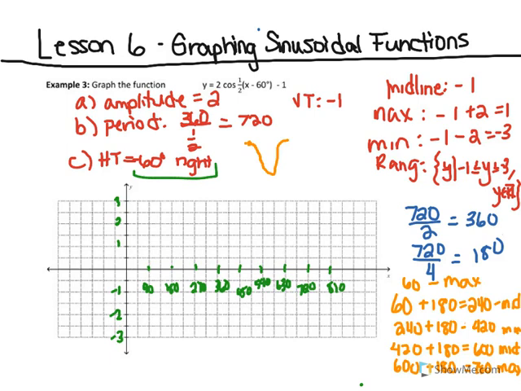So I'm going to plot this here at 60 degrees. Then our midline, which we can graph in at -1. I'll do it in green actually. We're going to touch the midline at 240 degrees. So 240 degrees is going to be just past this line here.